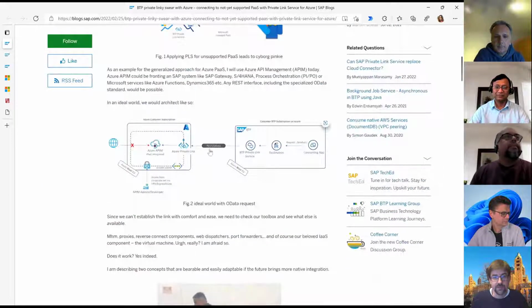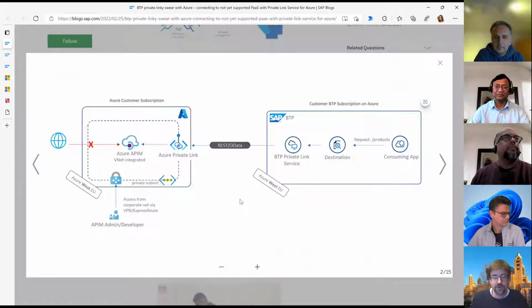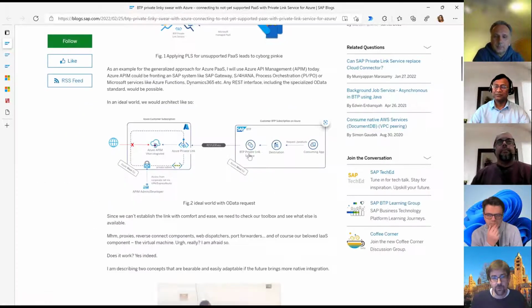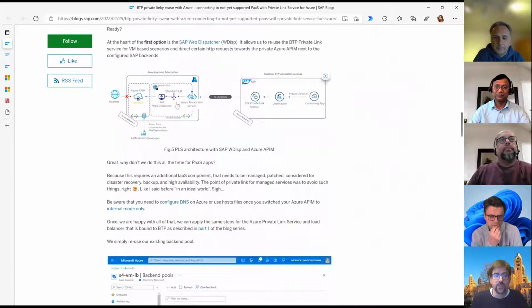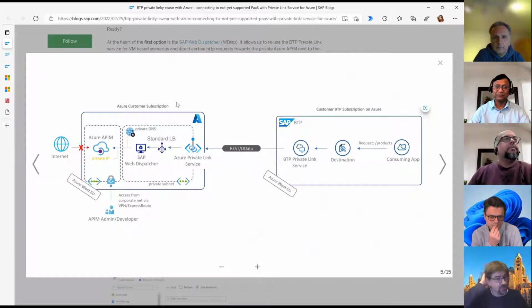So this would be the ideal picture, where you have your business technology platform and you can access any service via private link on the Azure platform. Unfortunately, that's not possible for all the services, so what he's showing are some workarounds.